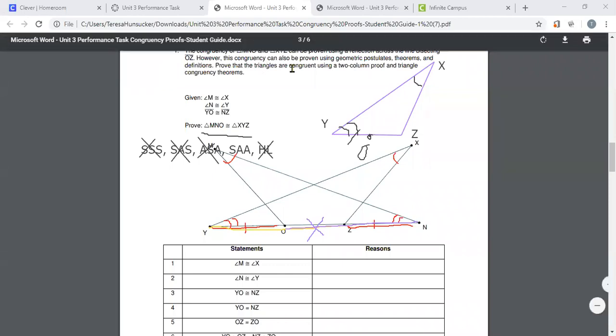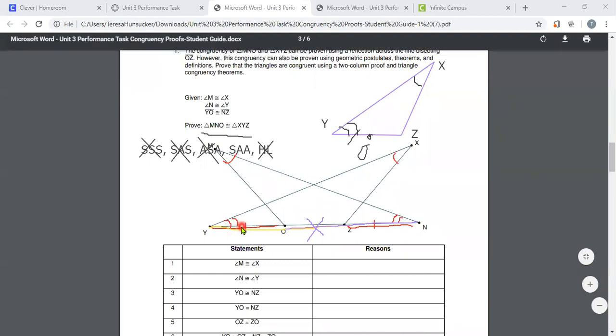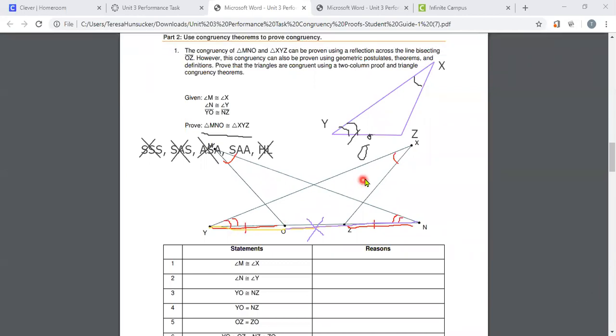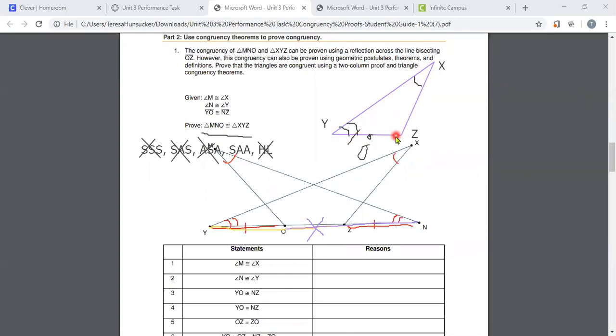The reason being is the side is not the side that's shared by both angles. For example, if you look at this triangle here, we have an angle, and then this side YZ will be congruent to segment NO. So it would be side, angle, angle.